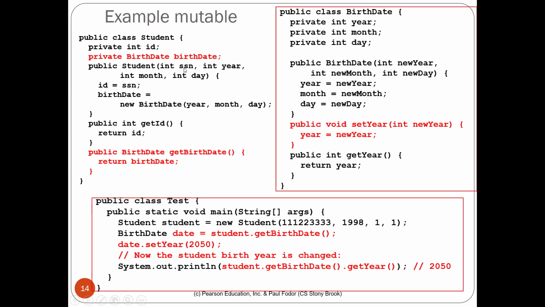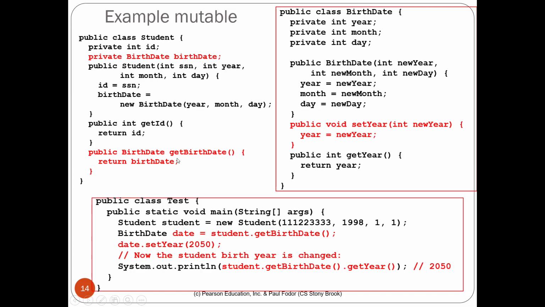And what field are you returning? You are returning birthDate. So birthDate is a reference data type. The getter method that you have, which is getBirthDate, is returning the reference to the birth date. So this student class has a method which is returning a reference to the data field.